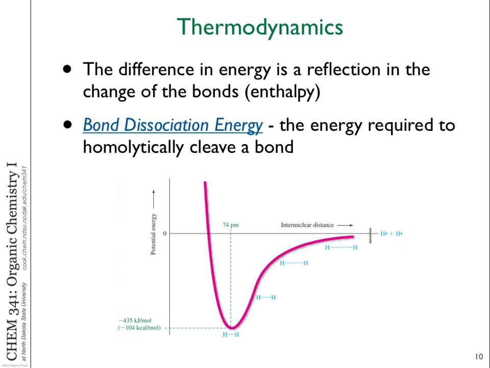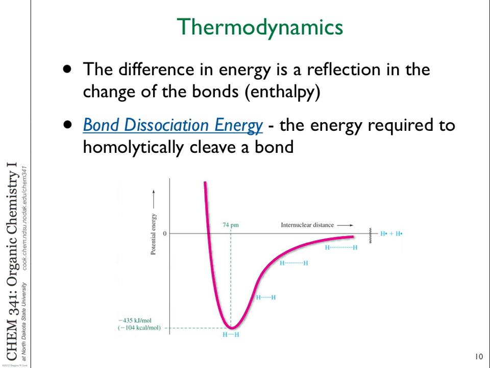Okay, so bond enthalpy, or the bond energy, we mentioned this before, is something we refer to as the bond dissociation energy. This is the bonding energetic profile I showed you before for hydrogen, H2. So the energy of a bond is the energy necessary to break apart the atoms homolytically, that is, each one gets an electron, as opposed to a heterolytic bond cleavage where both electrons go one way or the other.